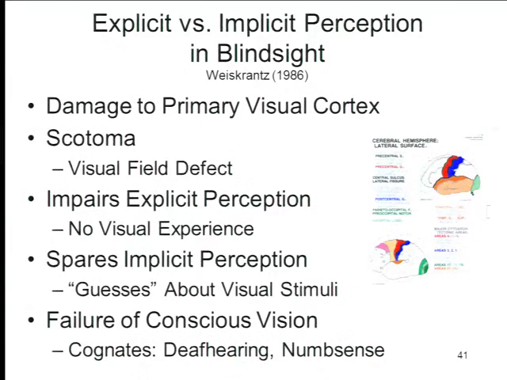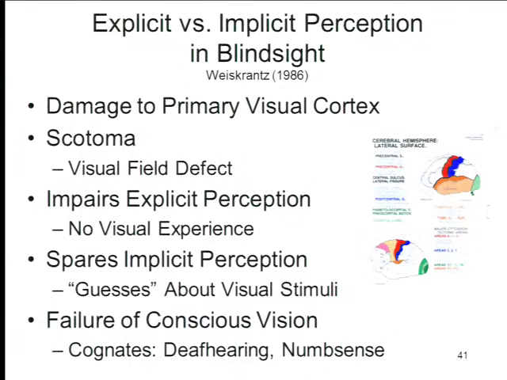This is known as a distinction between explicit and implicit perception. These patients lack conscious visual perception, but they do have the ability to unconsciously process a visual stimulus, at least to some degree, and to a surprisingly large degree.